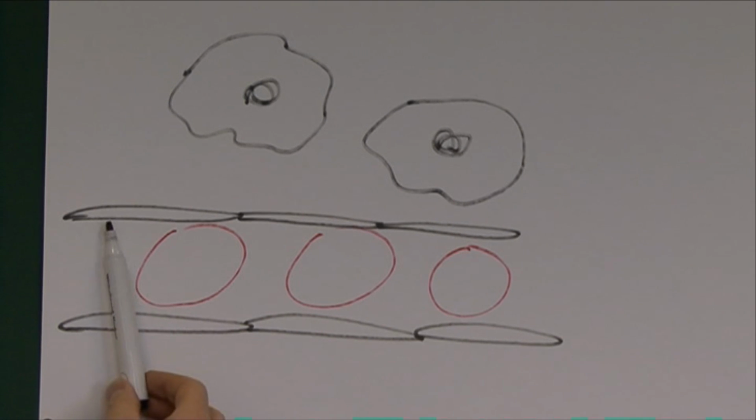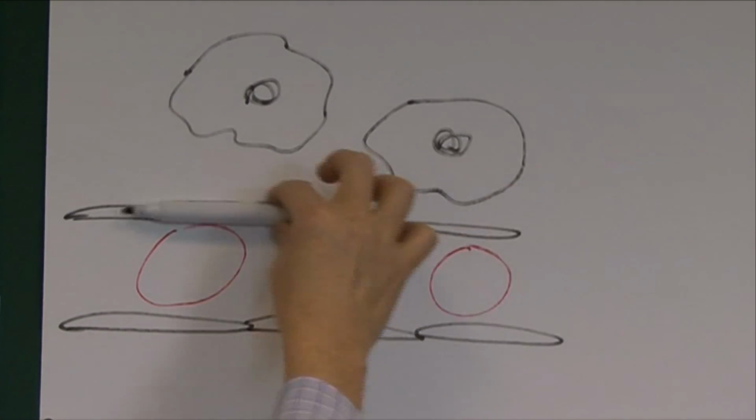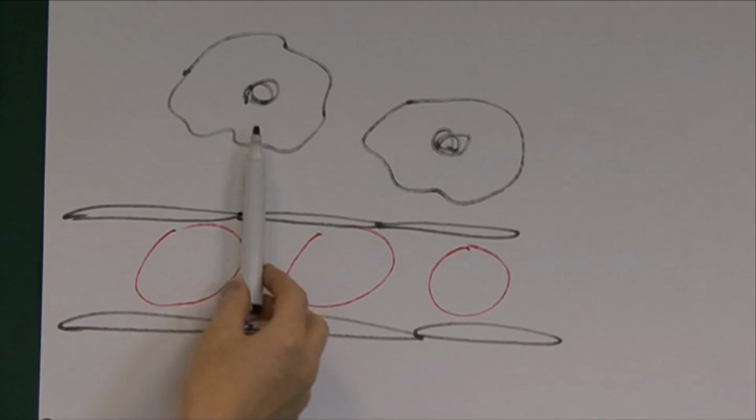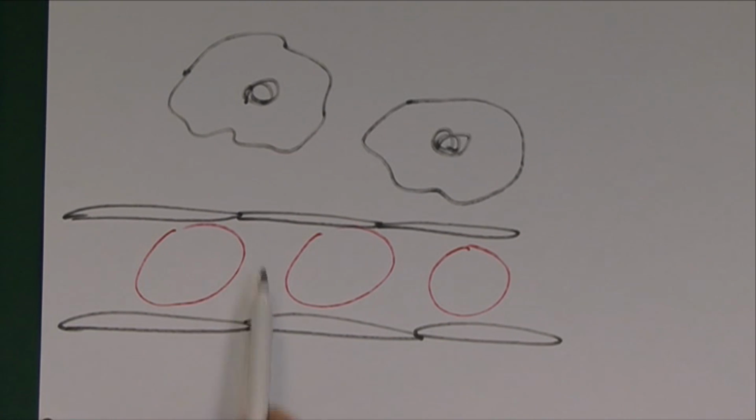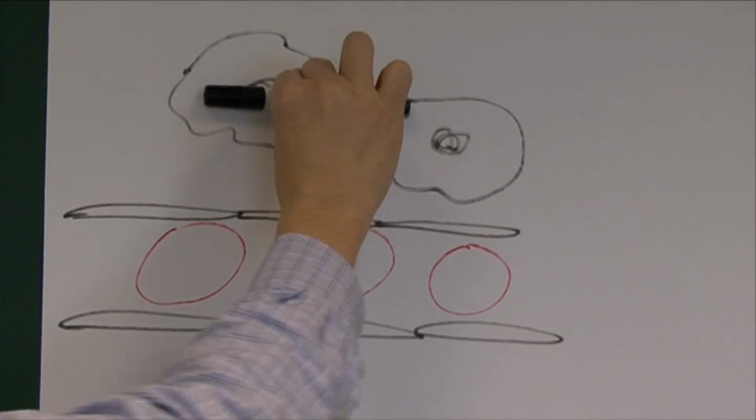And the reason that these endothelial cells are so tightly packed together is because they form a physical barrier, and that protects the delicate brain cells from things like toxins or infections. There's a blood-brain barrier, a barrier between the blood and the brain.